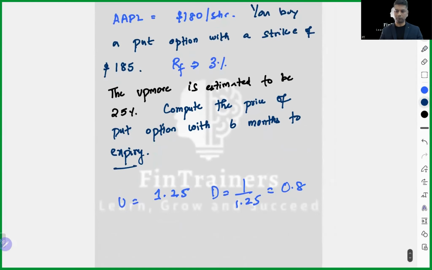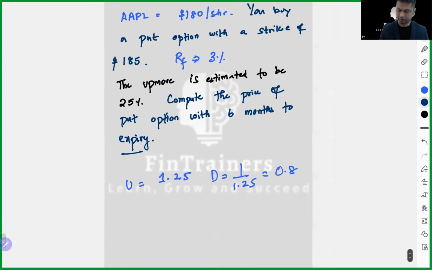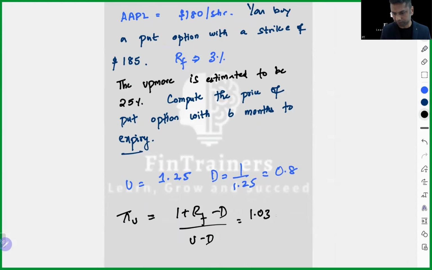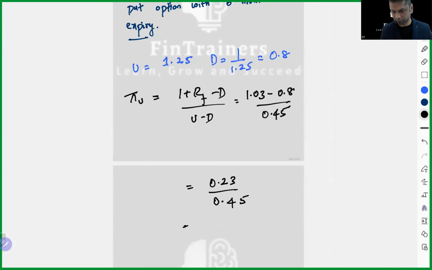Everyone getting the up move, down move as 1.25 and 0.8? Hopefully that part everyone should have gotten. Now calculate your probability of up move, which is (1 plus RF minus D) divided by (U minus D), which is 1.03 minus 0.8 divided by 0.45, which is 0.51111, something like that.